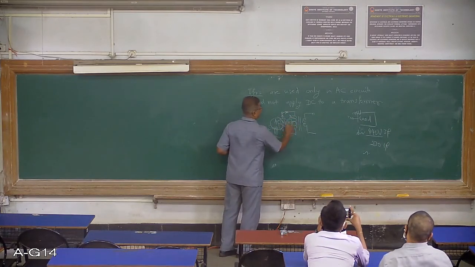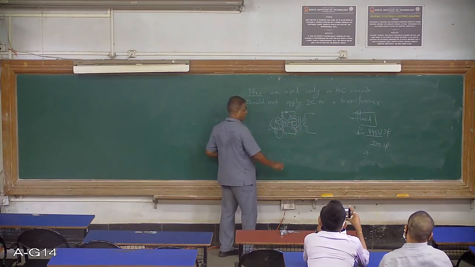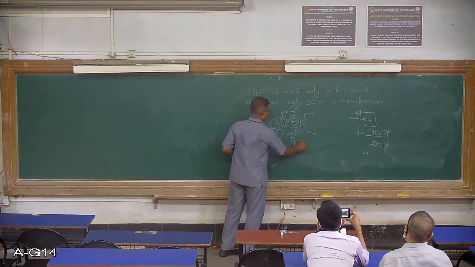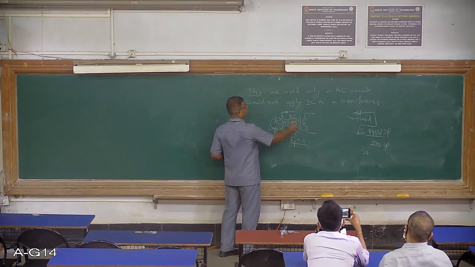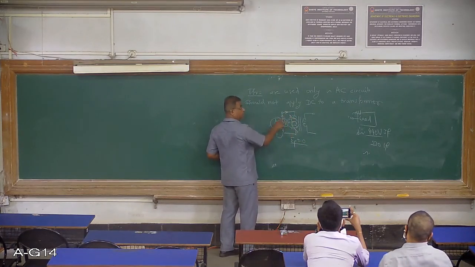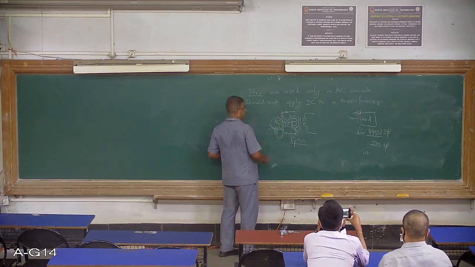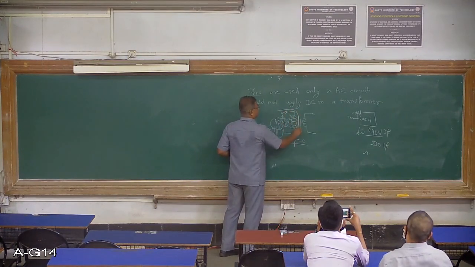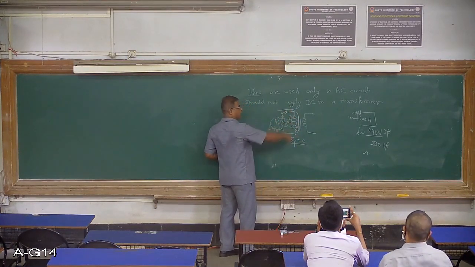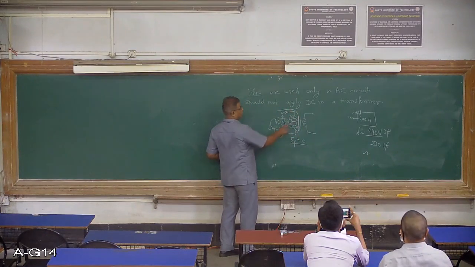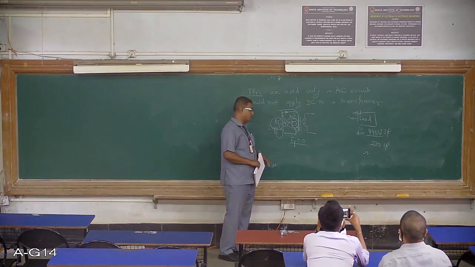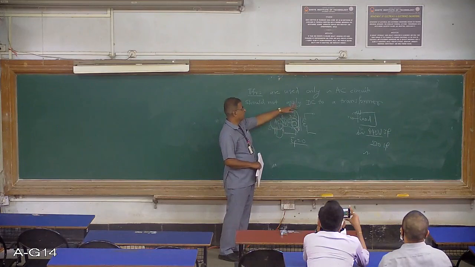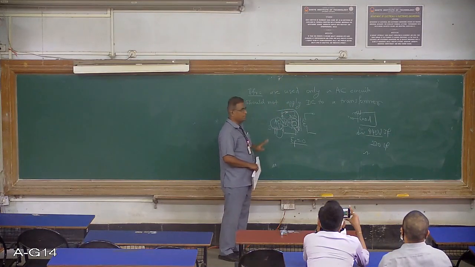There will be no self-induced EMF, that is, EP will remain 0. Therefore, there is no opposing voltage with respect to VP, and with large value of VP, a large amount of current will flow into the primary winding, and therefore the primary winding will get burnt, damaged. Therefore, we should not use the transformers in DC circuits.